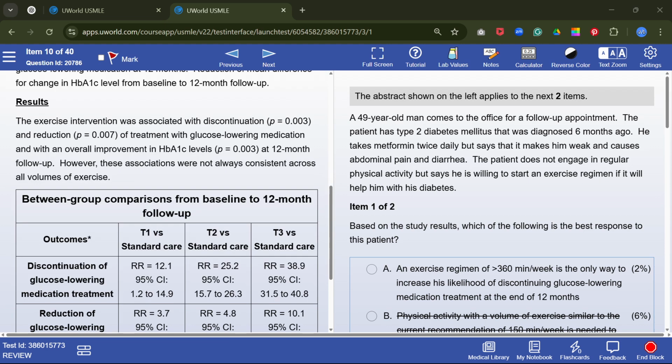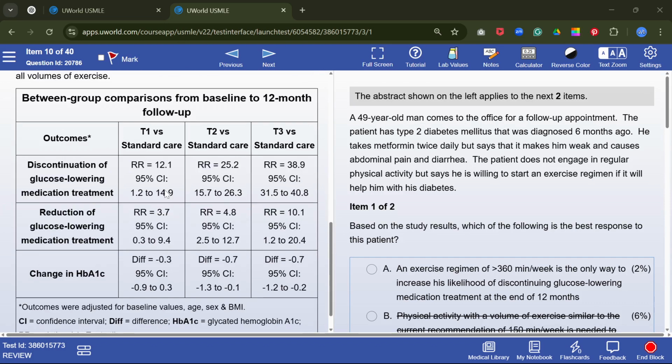Results: the exercise intervention was associated with discontinuation, p = 0.003, and reduction, p = 0.007, of treatment with glucose-lowering medication, with overall HbA1c p = 0.003 at 12-month follow-up. However, associations were not consistent across the volumes of exercise.